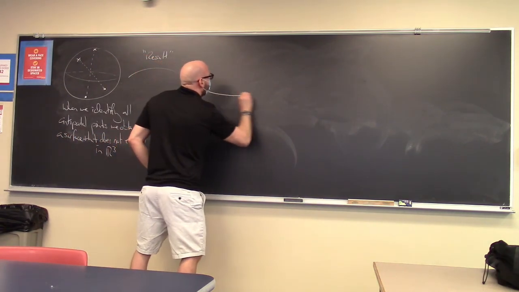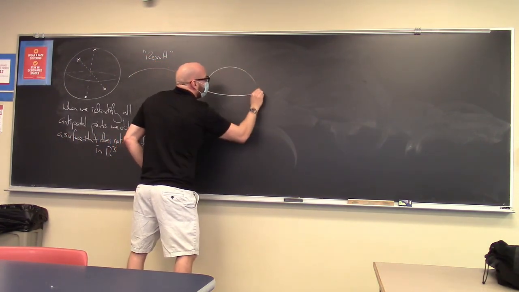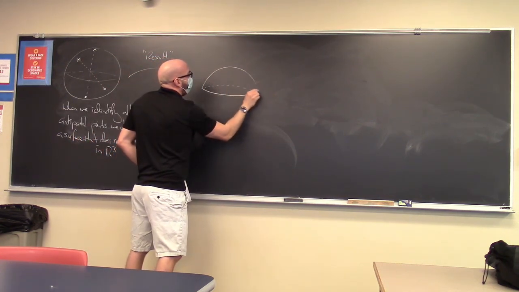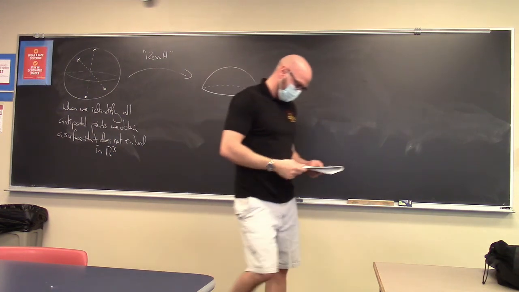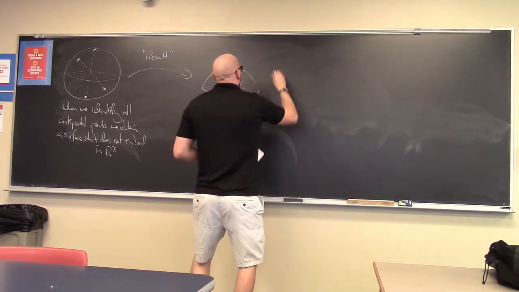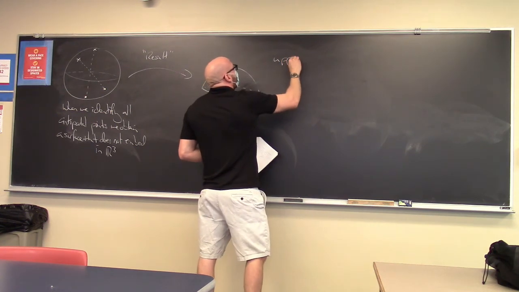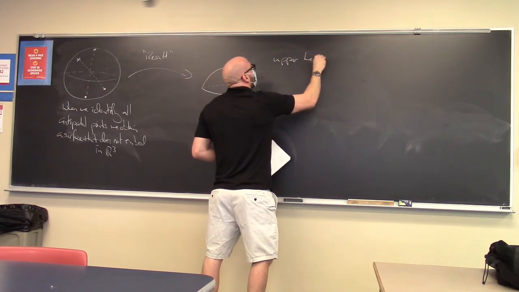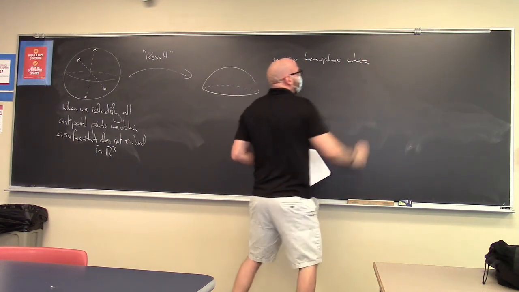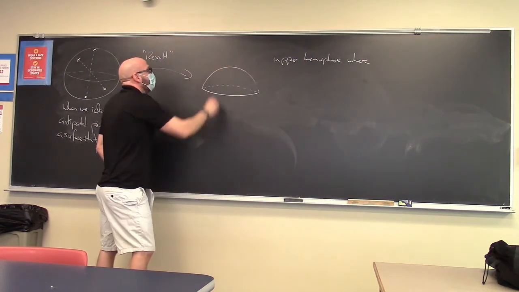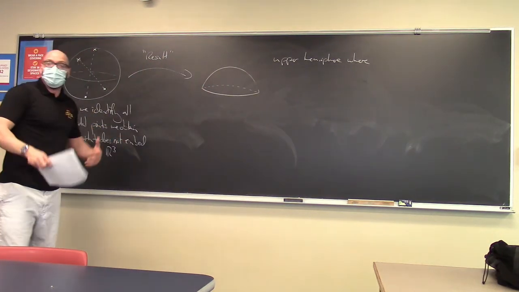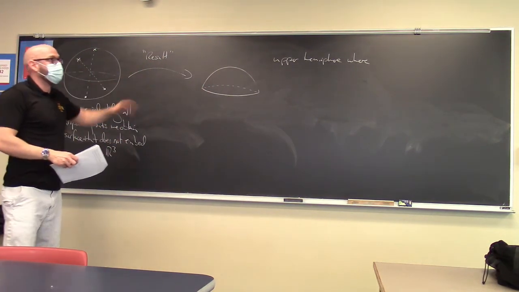You get an upper hemisphere. So the result is an upper hemisphere, so all of these points on the upper hemisphere are unique points. They're all individual. None of them are identified together.